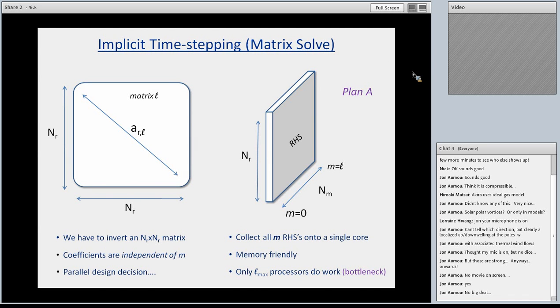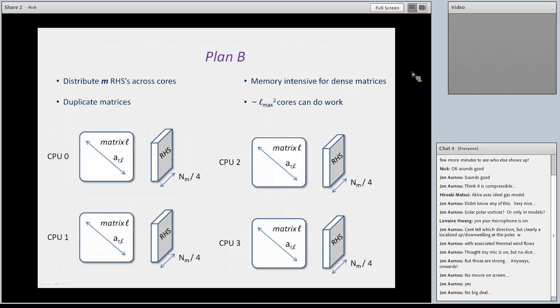And that's because you have to get all of the radial points in processor, and now you're also saying I want to get all of the M values in processor. An alternative approach is what I call Plan B, which says I will carry around duplicate copies of these matrices I need to invert, or really just the LU decomposition of those matrices.